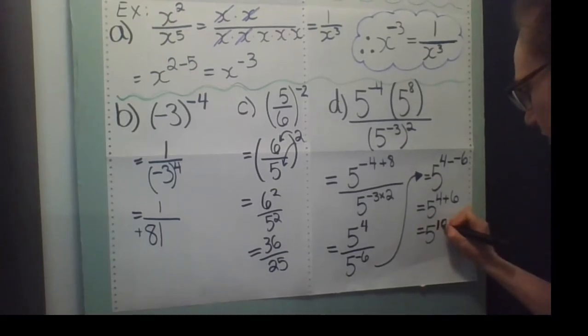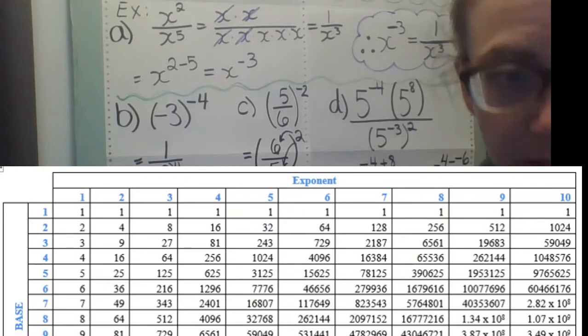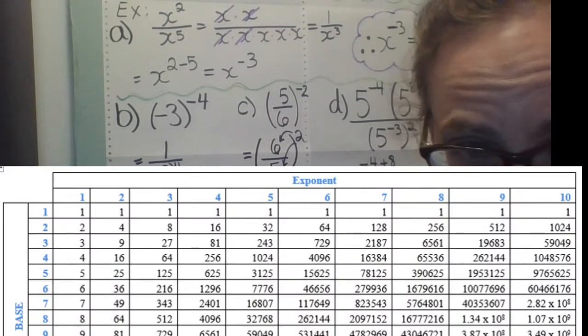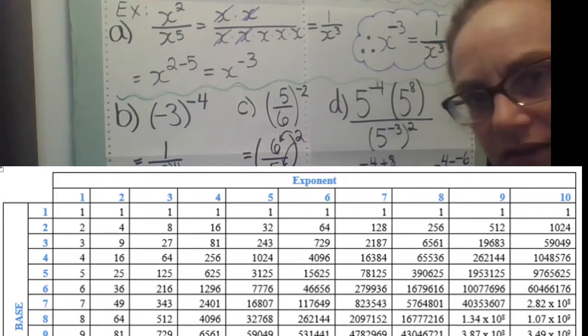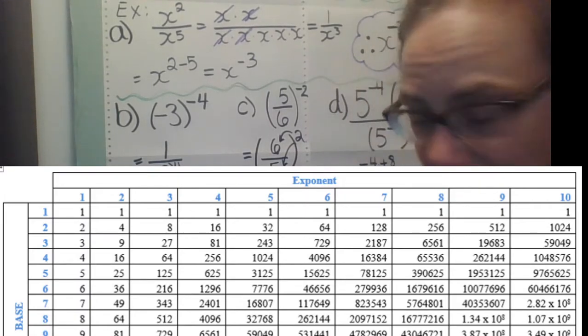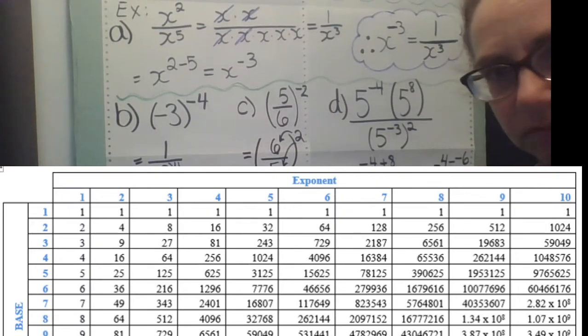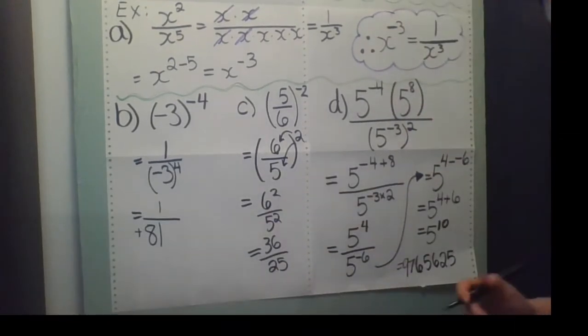If we look that up on our handy chart, 5 to the exponent 10 is going to be big. Is it even there? Yes, it is, all the way at the end. It's 9,765,625. That, my friends, is a massive number, but that's what happens with exponents. You get a really big number really fast.